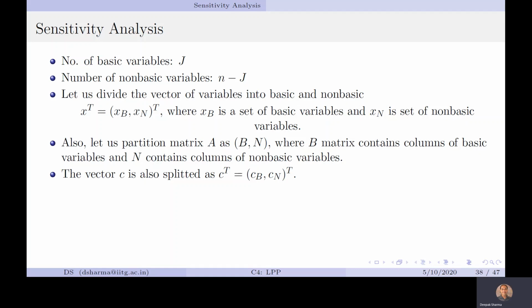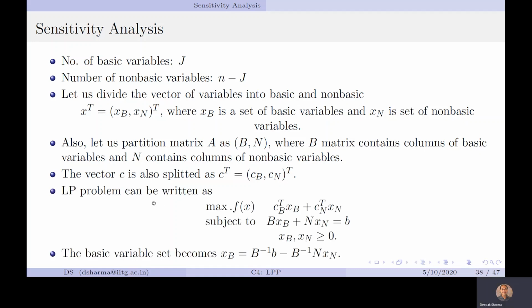In the previous problem, if you put the columns x1, x2, and x5 together, that becomes the B matrix, and the columns corresponding to x3 and x4 become the columns of N. Similarly, the cost vector is also split into basic and non-basic parts.